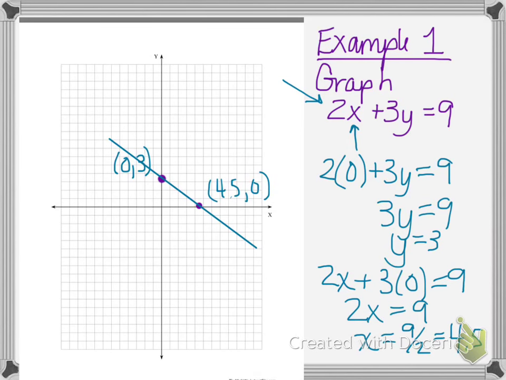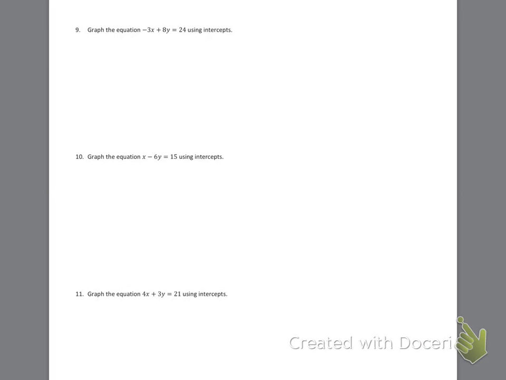Okay, so graphing by intercepts is really easy. It's really just finding two really simple points to solve for. First by setting x equal to 0 to get the y-intercept, and then setting y equal to 0 to get the x-intercept. After that, you have exercises 9, 10, and 11 to graph using intercepts.